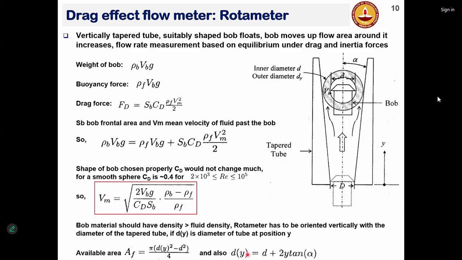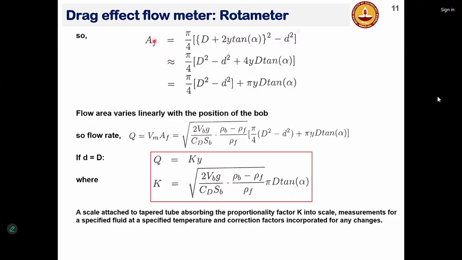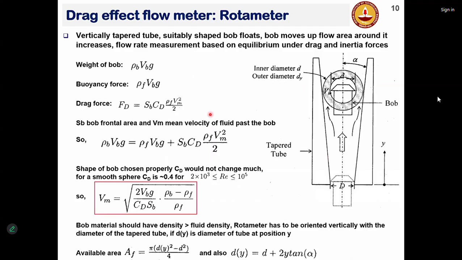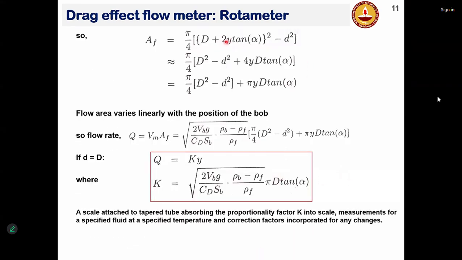And so this dy you can substitute here. So you have the area of cross section and velocity, so you multiply that to get the flow rate. So this area of flow, pi by 4, the small d, the diameter of the bob, will be equal to the diameter of the tube at the bottom, that is capital D. So that is (d plus 2y tan alpha) whole square minus d square.